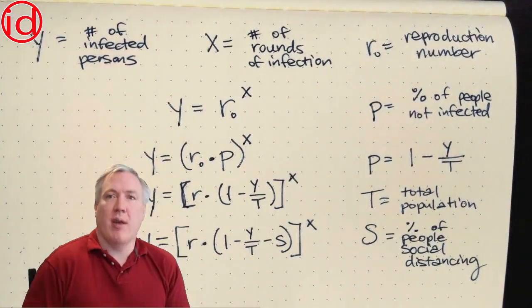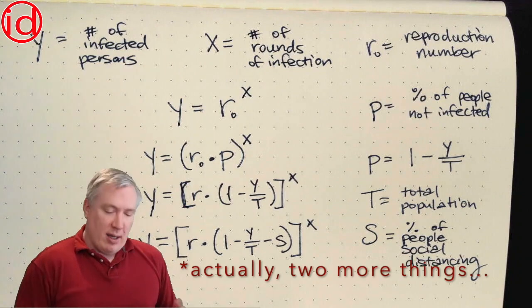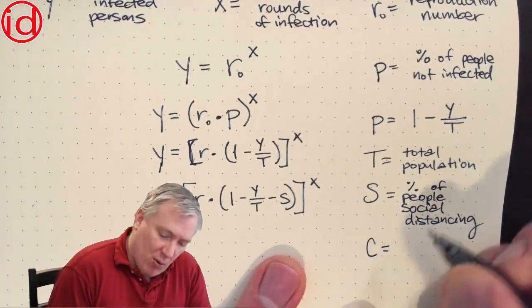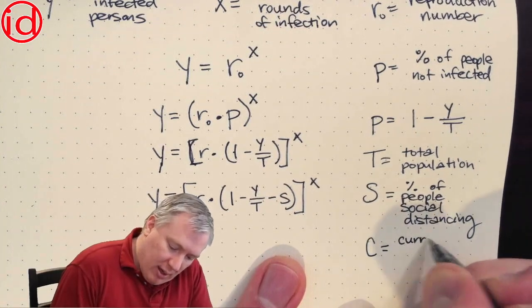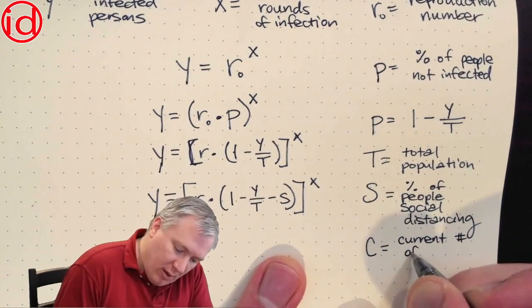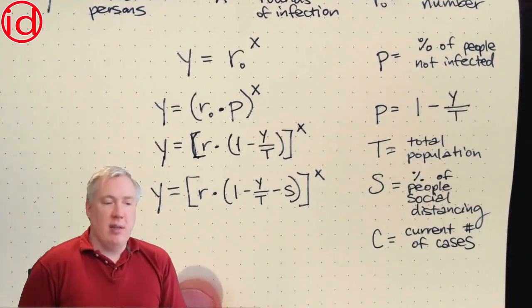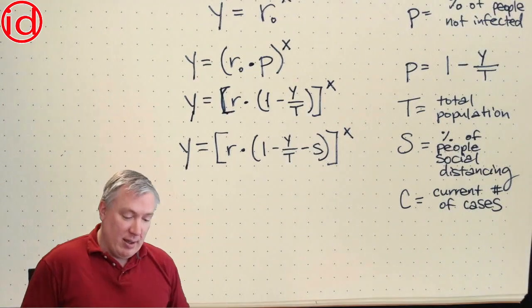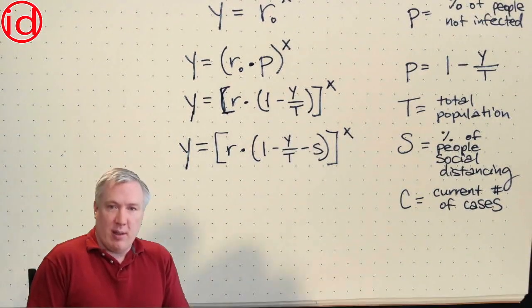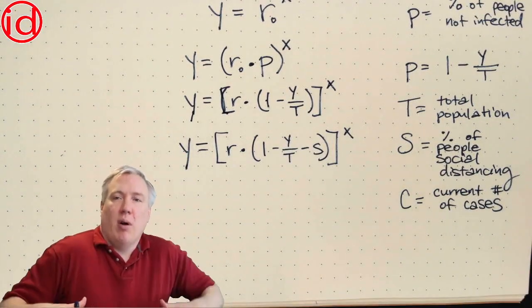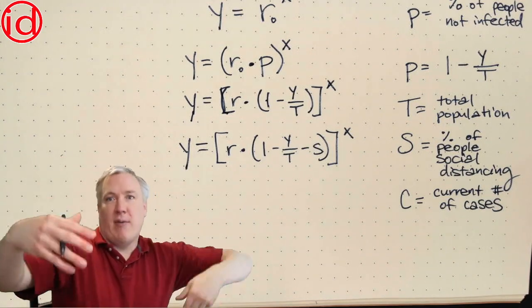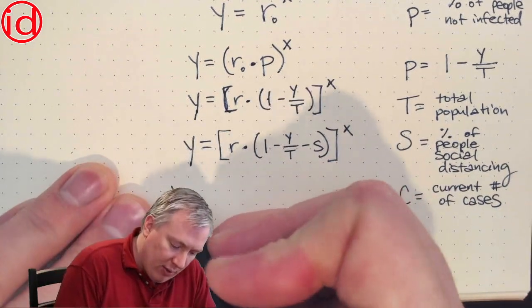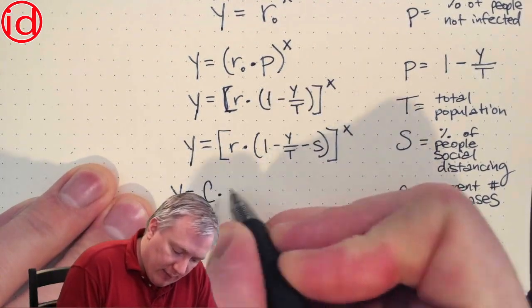Okay. There's one more thing that we need to add in here that was not in the last video, and that is basically where are we at right now? What is the current number of cases? Because this equation as written actually starts as if you had one infected person, but that's not where we're at. And so the more people who are infected, the more people who can get infected from that group of people. And so it's actually a multiple here. And so our final equation looks like this.